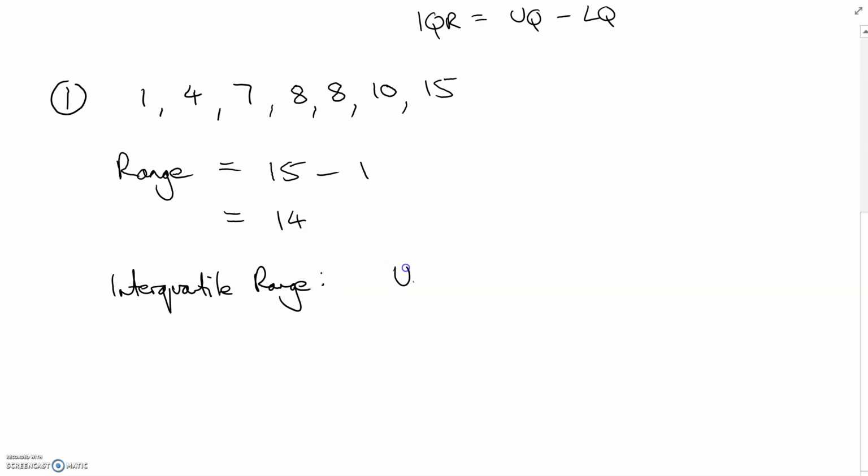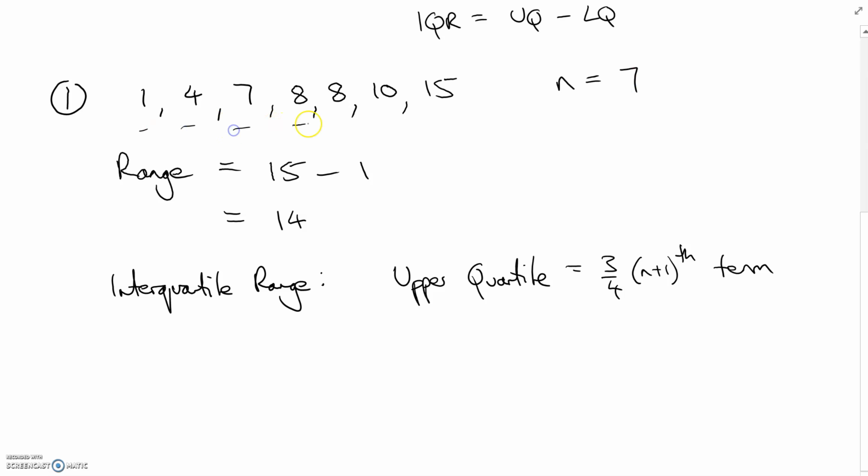So first of all, we're going to look at the upper quartile, which is 3/4 of the way into the data. Or the 3/4 (n plus 1)th term. Remember, n is the number of items. So here we've got 7 numbers in the list. 1, 2, 3, 4, 5, 6, 7. So n is 7. So we add 1 to that, which is 8.